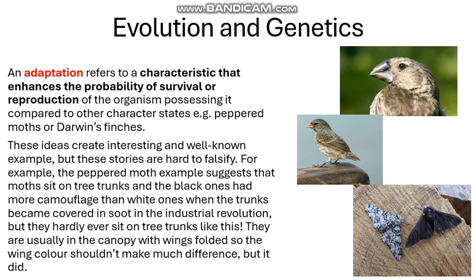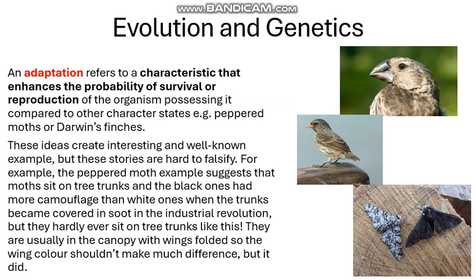We know that in the Industrial Revolution, apparently birch trees got covered in soot, making them black, giving the black moths camouflage on these trees, giving them a survival advantage, so they were temporarily naturally selected during this period. We would call the black colour an adaptation because it's conferring a survival advantage onto the black moths who have these black genes.